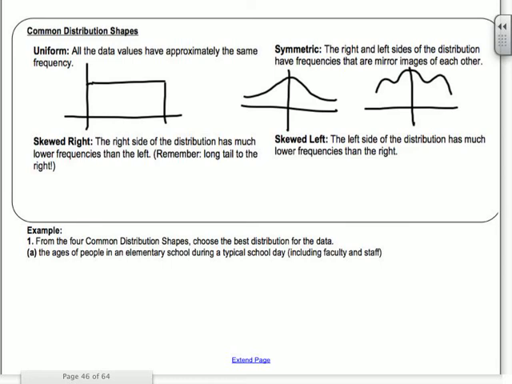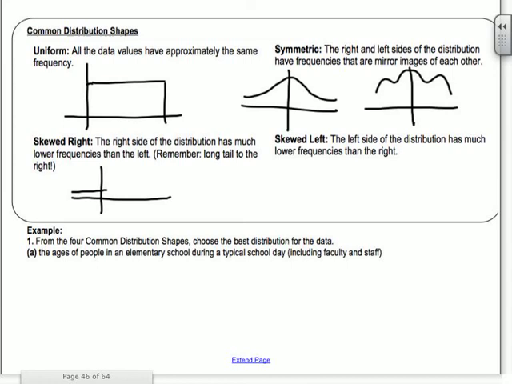Okay, skewed right. This is really tricky for people. Skewed right, what do you guys think? So think of your bell curve. Which direction will the little bump be? Will it be on the right side or the left side? The left side, because you read it already. Or you just knew? You're quiet today. So the right side of the distribution has much lower frequencies than the left. Okay, so if you have a long tail, whoops, if I know my right and left, that would help.